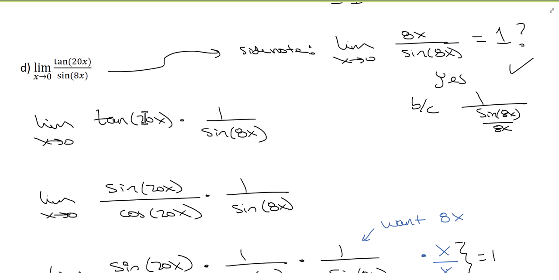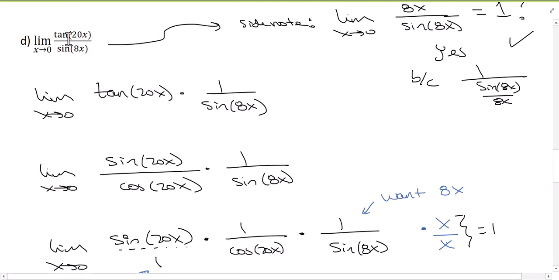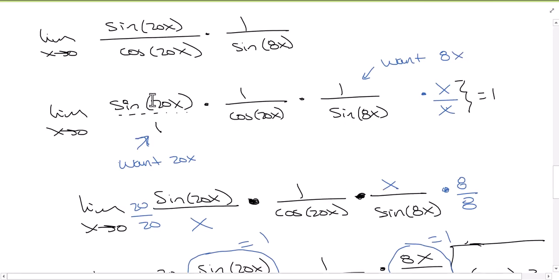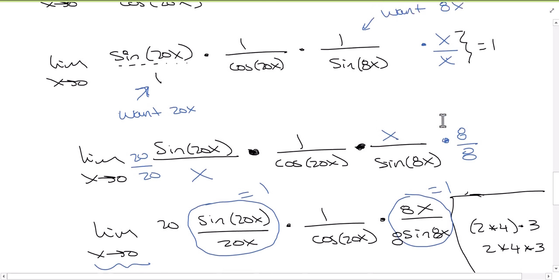So I split up the tangent 20x and the sine 8x on the bottom as 1 over sine x, and then from there, tangent is sine over cosine, so I split this up also as sine of 20x times 1 over cosine, and then just carry along that 1 over sine x. And from here we can start building. I know that I want this to be sine of 20x over 20x, and I want this one to be 8x over sine of 8x. And so we start building from there.